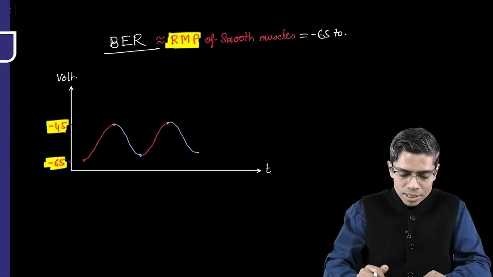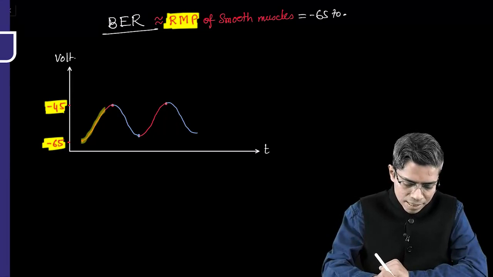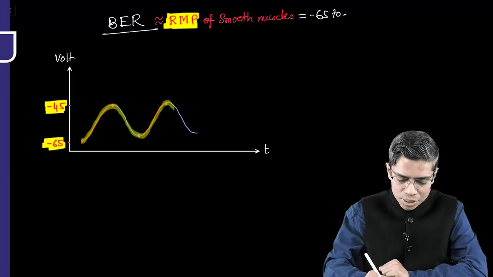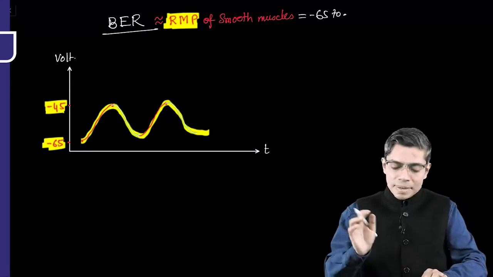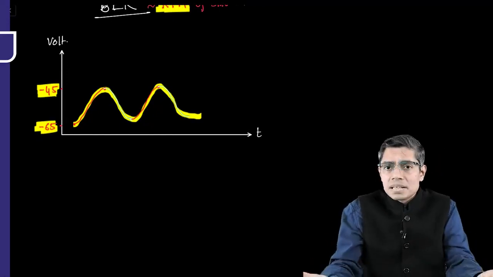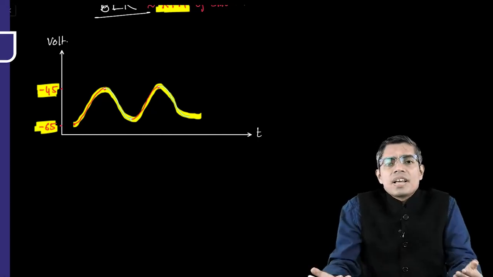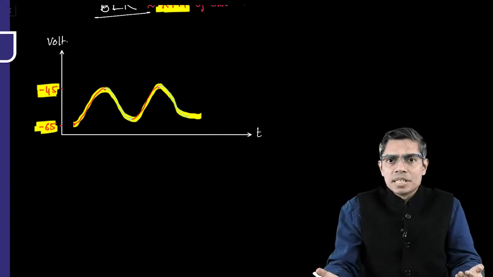So the RMP of the GI smooth muscle fluctuates in a rhythmic fashion even in the resting condition of the GIT, and that's why this is known as a basic rhythm, basal rhythm, right?